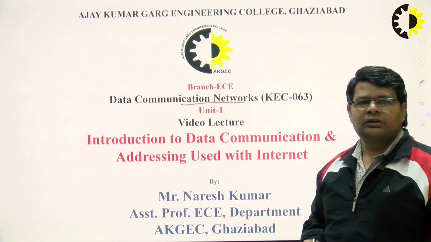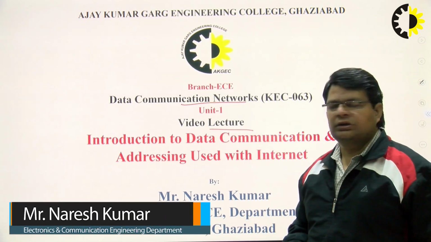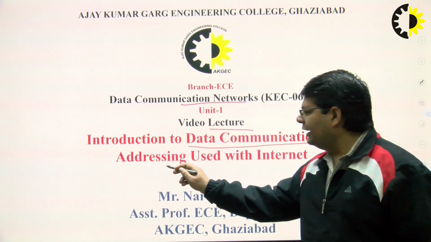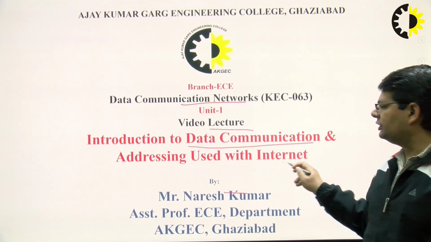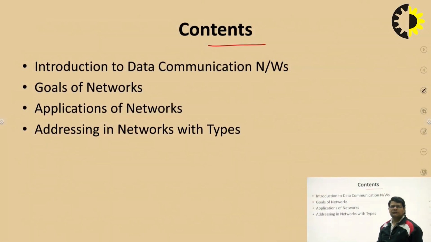Under Unit 1, this is the first video lecture and the topic will be Introduction to Data Communication and Addressing used with the Internet. So first of all, the contents that we are going to discuss in today's lecture are Introduction to Optical Communication Networks.